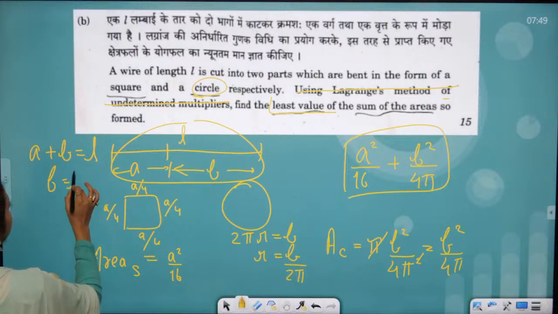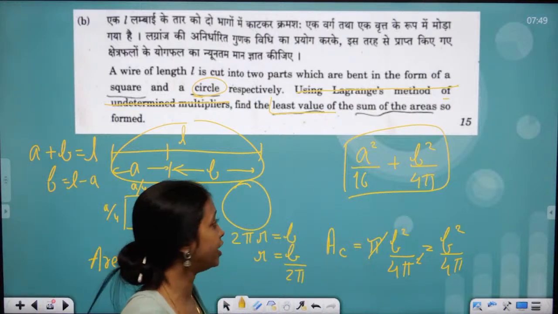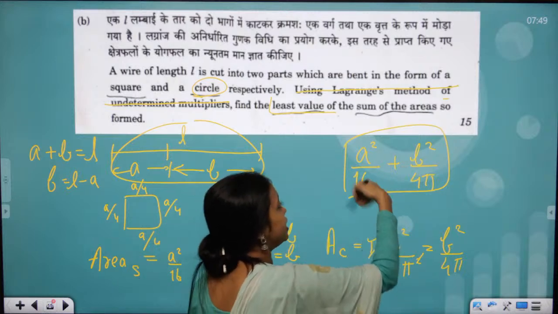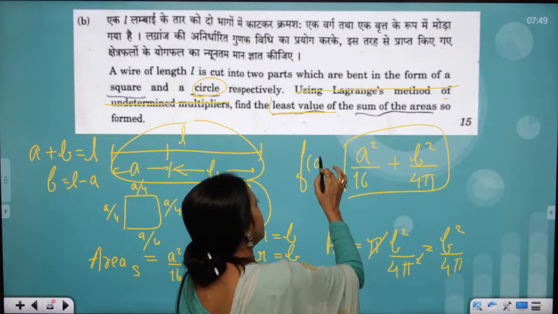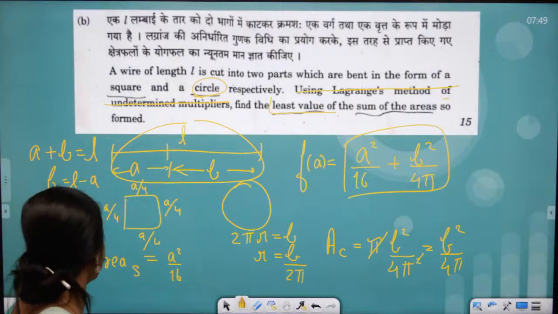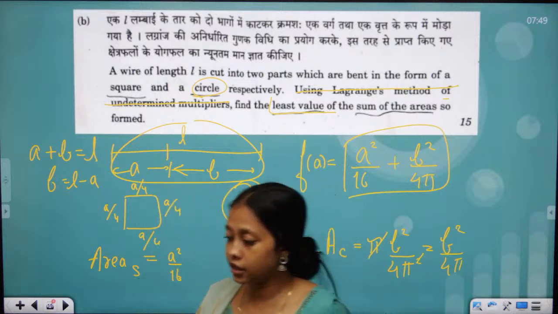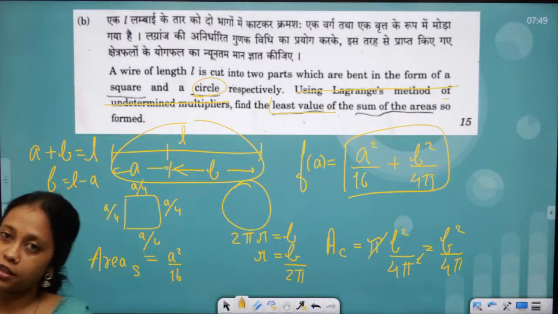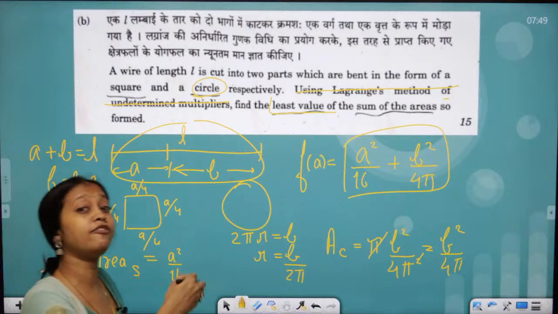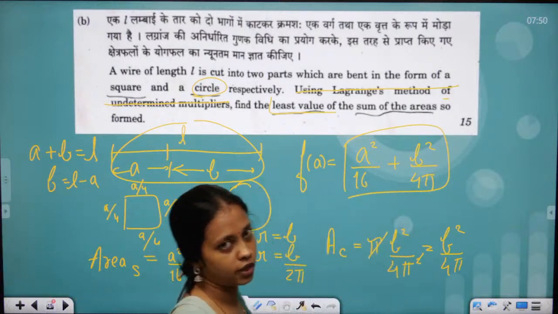B is equal to L minus A, substitute over here, L is a constant, not a variable, and you will get a function in terms of A. Can't you minimize it using the first derivative or even the second derivative? What we used to do, find the derivative, equate it with 0, find the value of A and then substitute in the double derivative. If it is negative then maxima, if it is positive then minima.